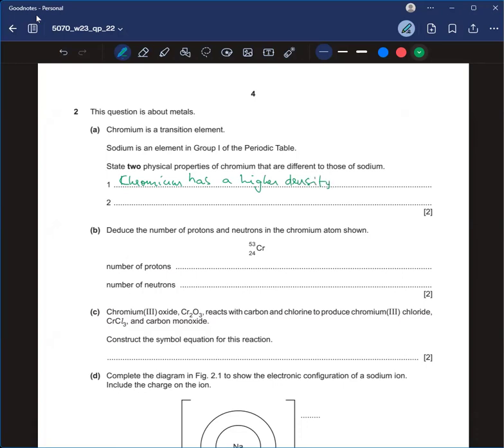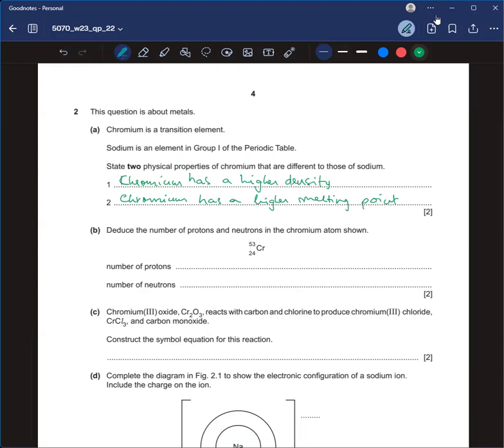And chromium has a higher melting point. Let me just tell you that these two properties are due to a greater number of free, delocalized electrons, and the size of the ion. This causes the increase in melting point and density.